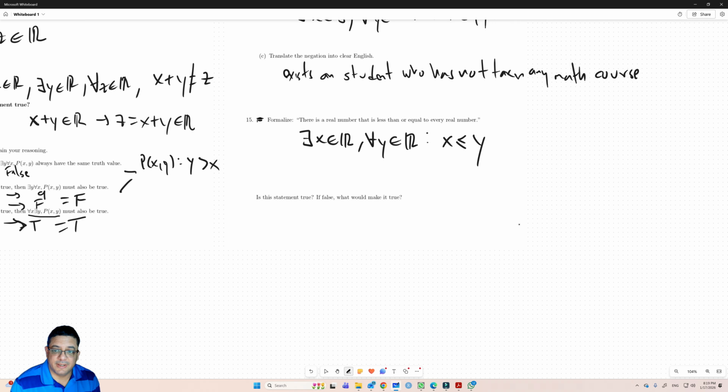So here we will be saying this x is smaller or equal to y for every other real number. Of course, this is going to be false. Okay? There's no number that is smaller than all the real numbers. This is the opposite idea of the bigger.